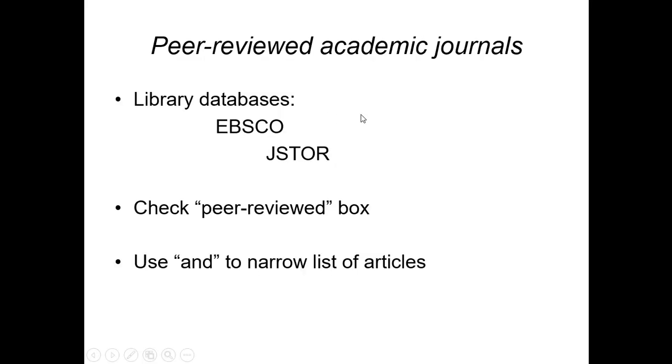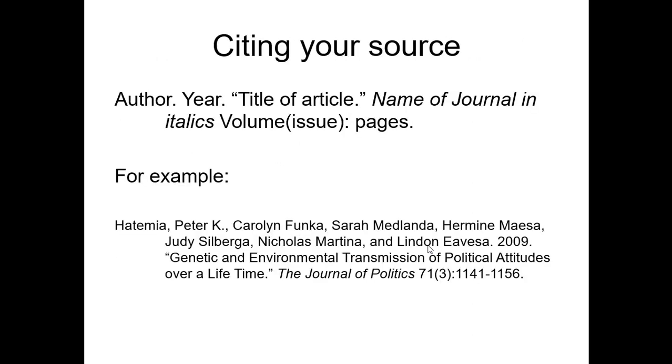So what we want to do is go to the library databases. EBSCO and JSTOR are two huge databases. Check off the peer-reviewed box, or with JSTOR you might want to narrow it down a little bit to stick with peer-reviewed type articles. And then we'll talk a little bit more about citing your sources later, but for your peer-reviewed article, it's very simple.